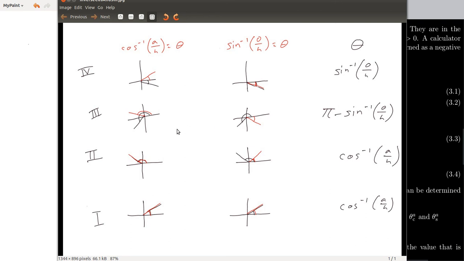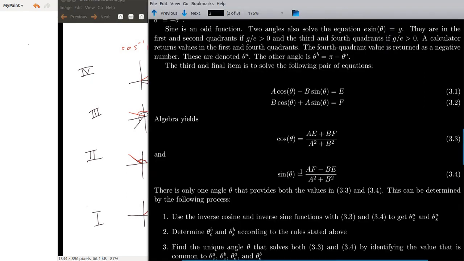So the actual angle that would give you inverse cosine in the second and inverse sine in the fourth is an actual angle in the third quadrant. So that's this row here. And so for that case, you would use pi minus the inverse sine of the value. And that's how you would get the actual angle theta.